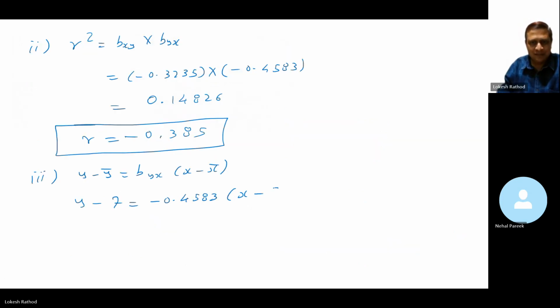Right? So you just need to simplify this. So what do we get? Write it in the form ax plus by plus c equal to 0, right? That form.